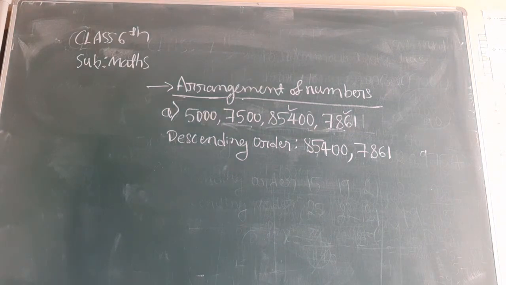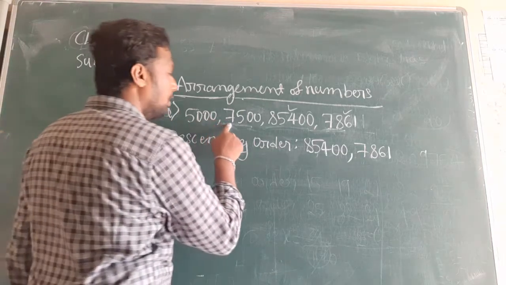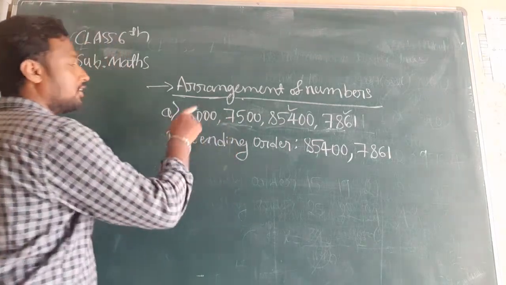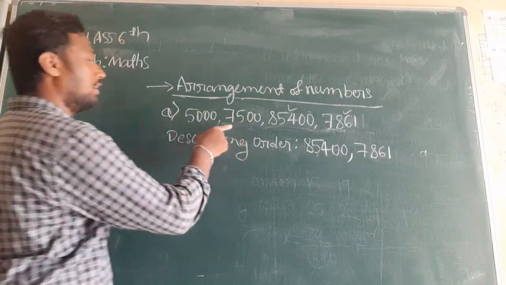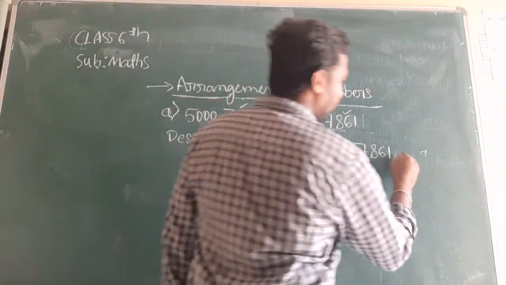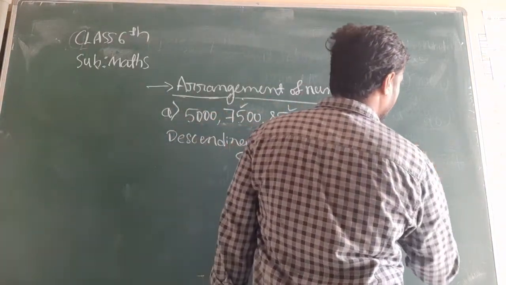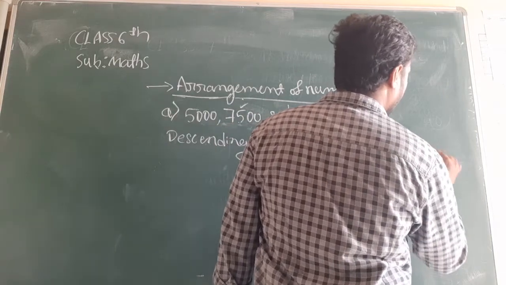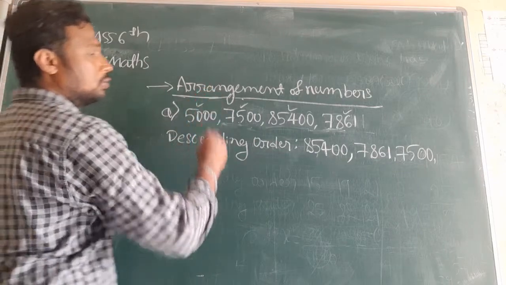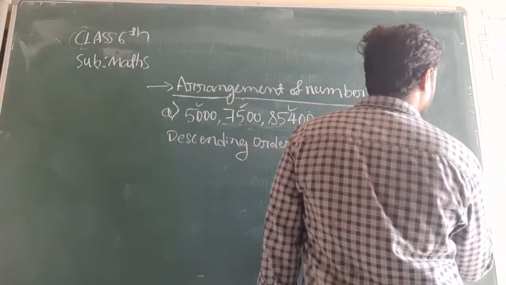Already I told, when you compare the value in the highest position, we have 5 here, but here we have 7. Therefore 7 is greater than 5, meaning this 7,500 is greater than 5,000. So now I will write this 7,500 here. Next, what is the number remaining? That is 5,000. So I will write it last.